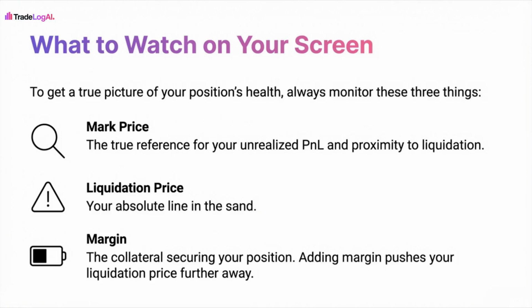If mark price reaches it, the position gets closed. Third, margin. Margin is the collateral securing your trade. Adding margin can push your liquidation price farther away, giving you more breathing room. So, mark price, liquidation price, and margin. These are the 3 that matter.